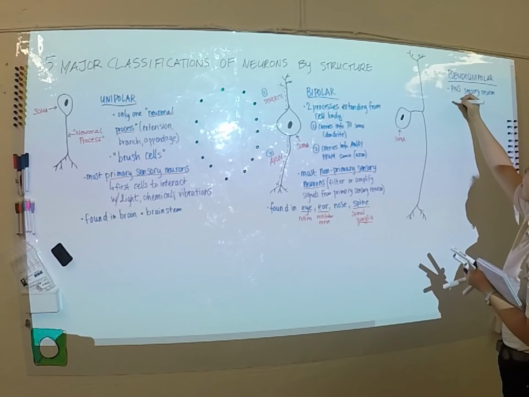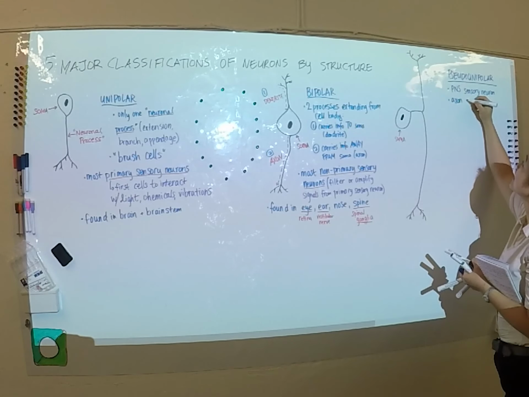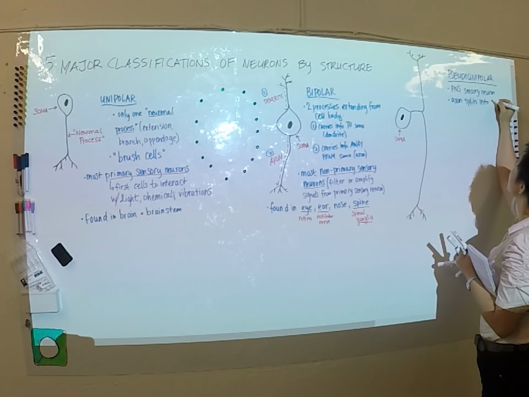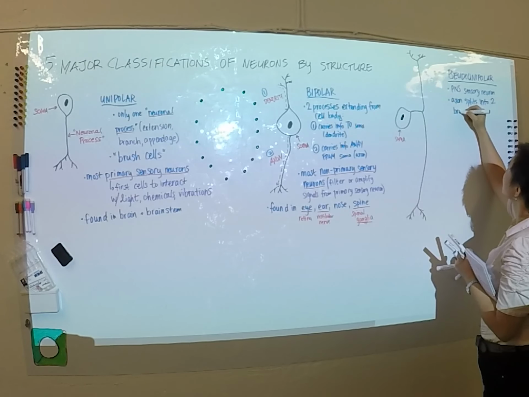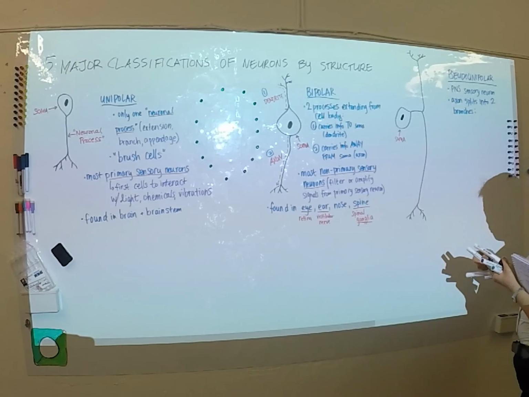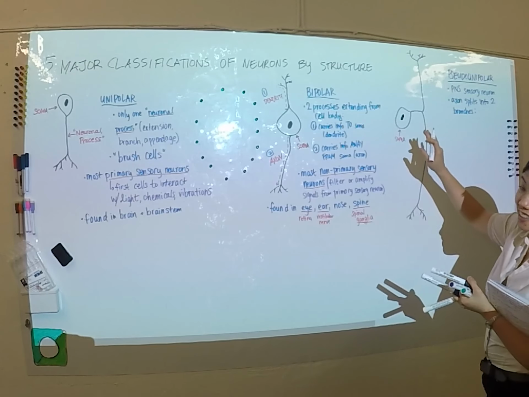So the axon splits into two branches. Okay, so here we go. So yeah, it doesn't have dendrites.